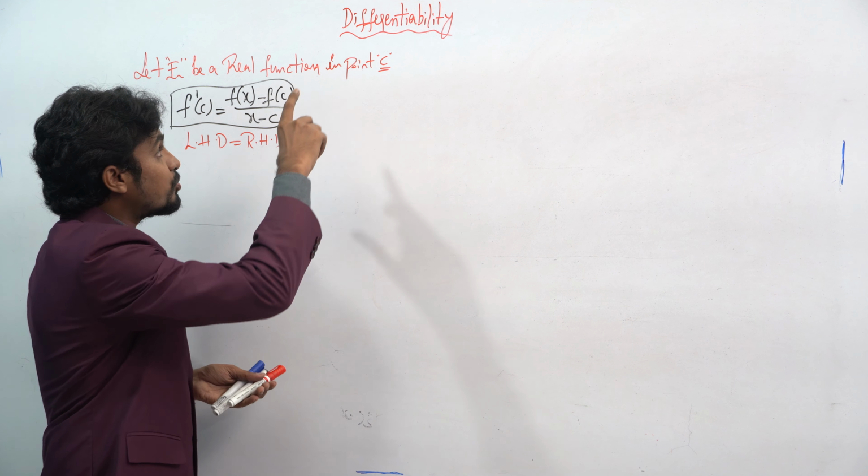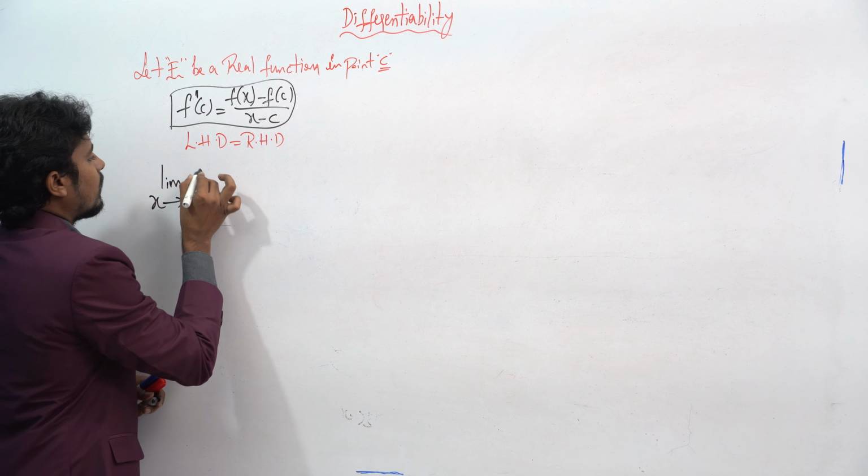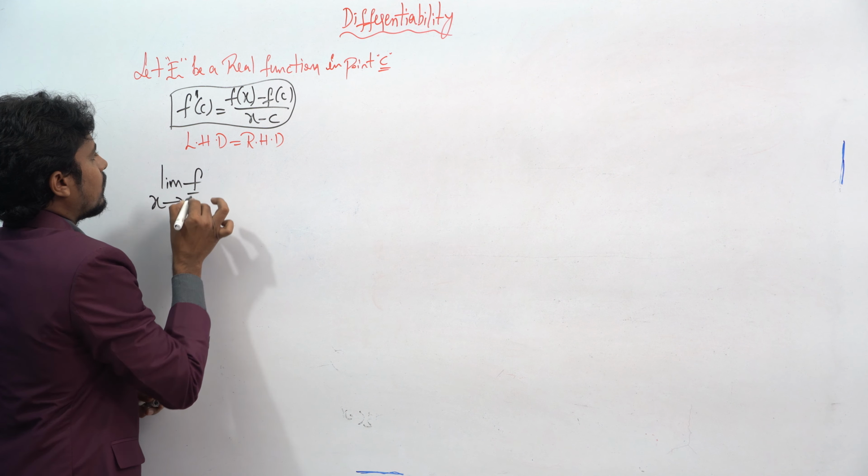For example, take the limit as x tends to c minus, of f of x minus f of c divided by x minus c.